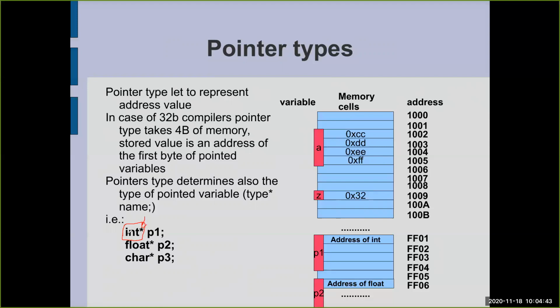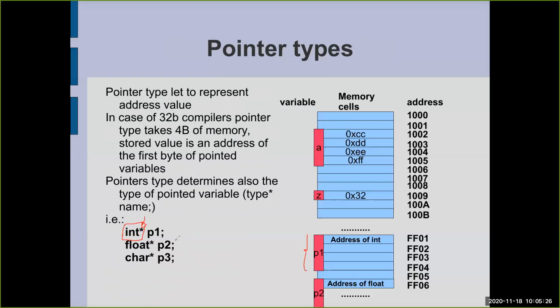So if you use a 32 bit compiler, the int asterisk has 32 bits. If you use a 64 bit compiler, the pointer occupies 64 bits. So in fact, we can create a variable, let's say p1, and variable p1 occupies 4 or 8 bytes of memory. And this variable is dedicated for storing the address of integers.